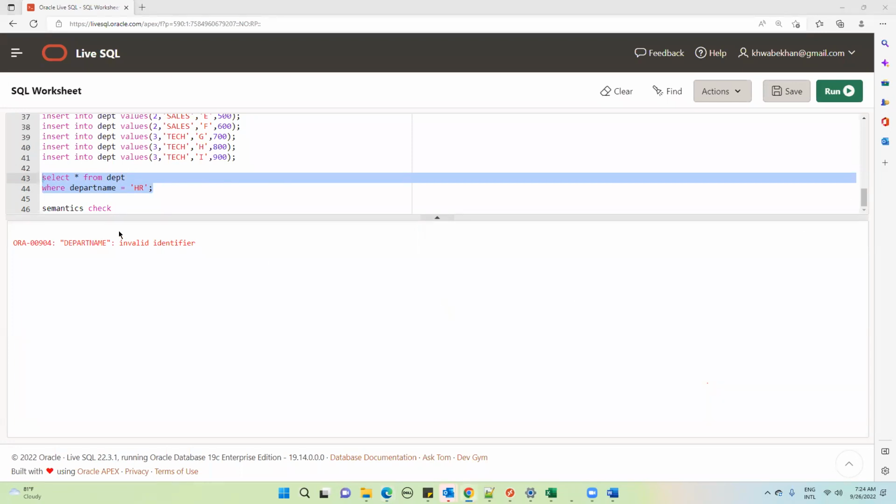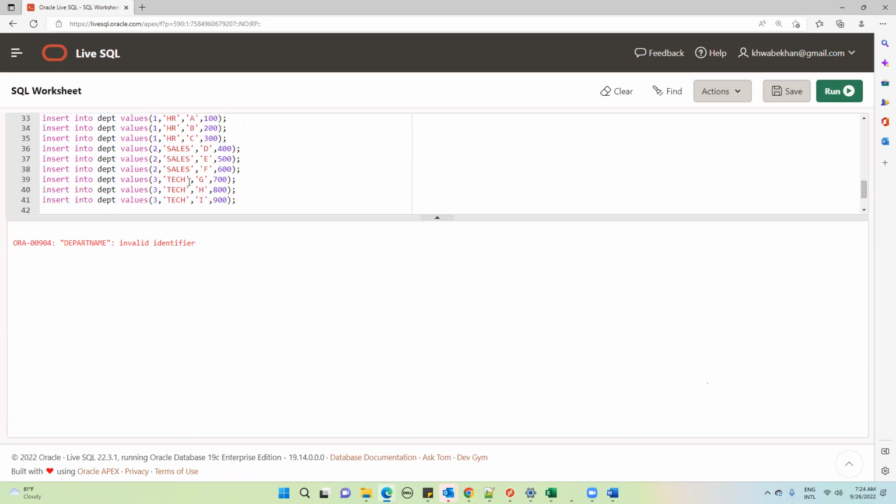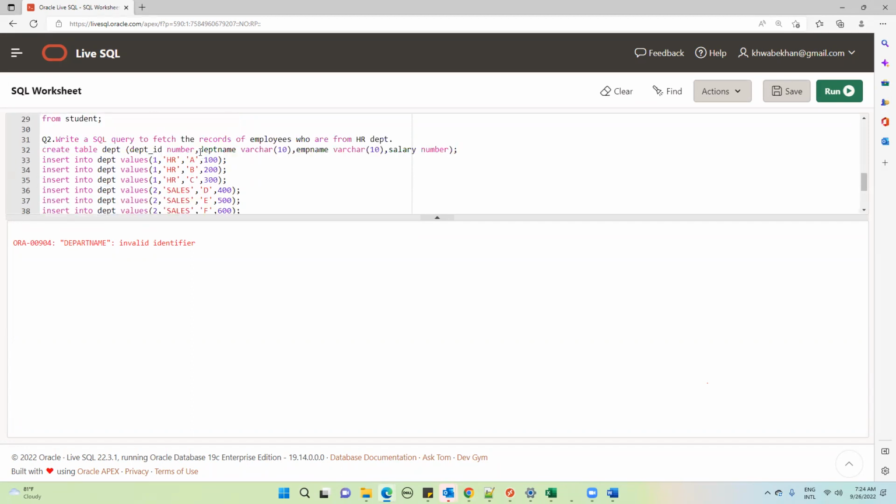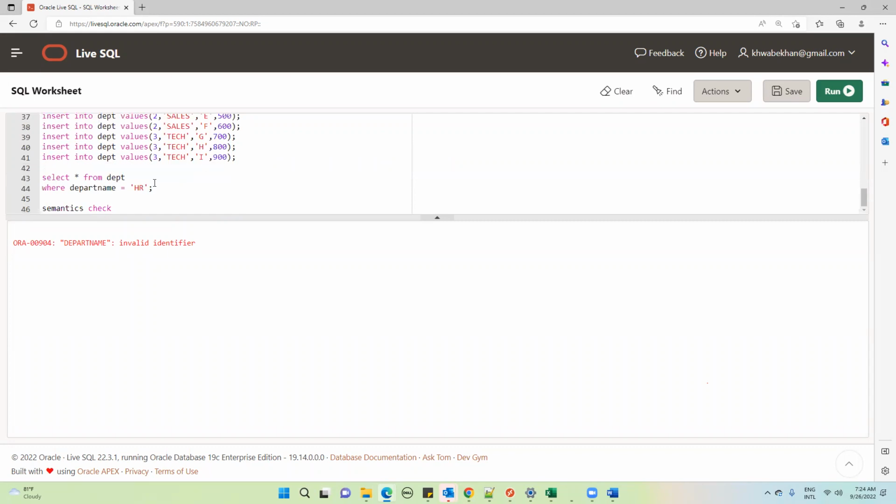There is no column of department. Yeah, table department is present, but in this table we don't have the column department name, right? We don't have this. This is DEPTNAME, and here the spelling is different. So again, this has thrown an error message. The SQL engine is telling that Tanveer, we don't have this column in this table, right?